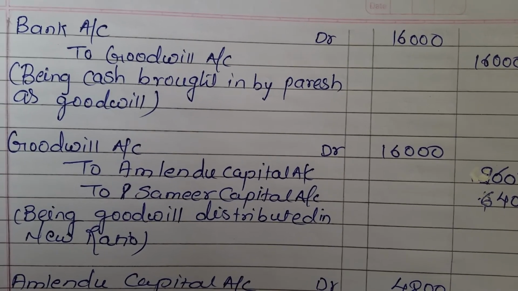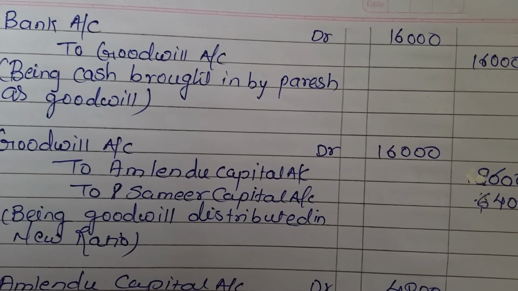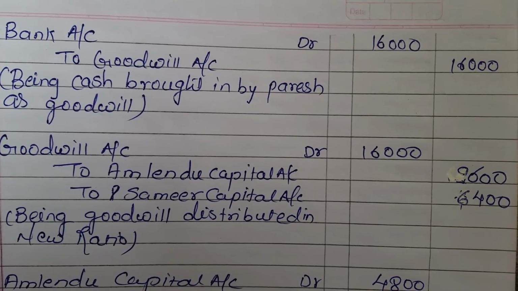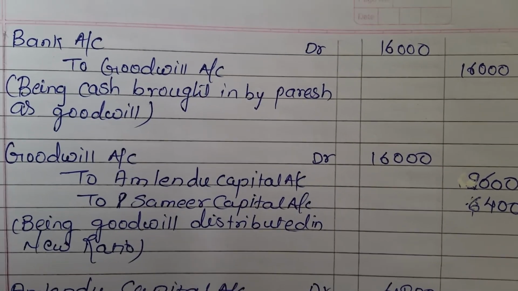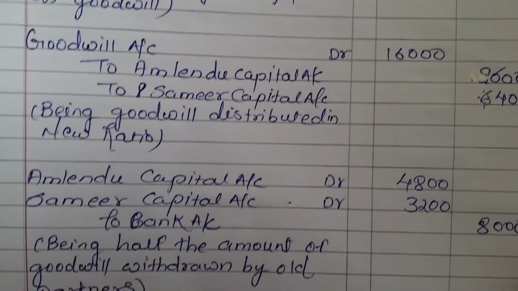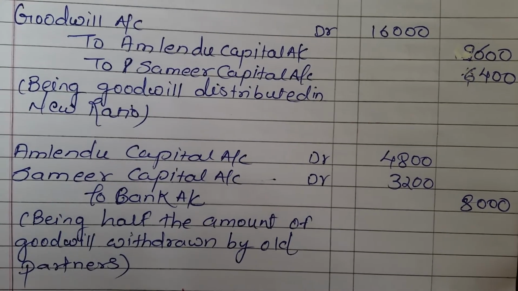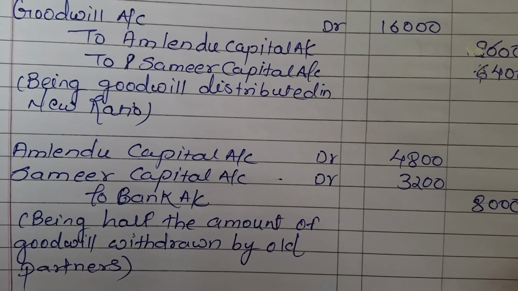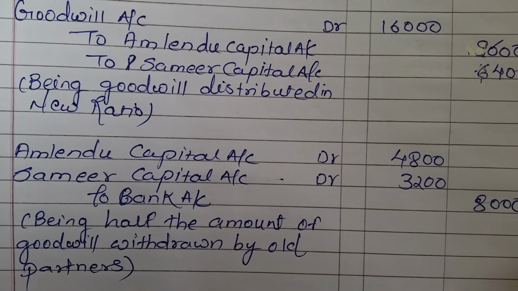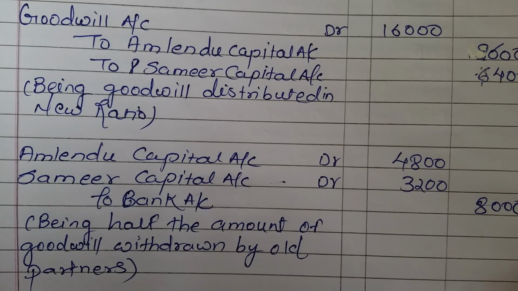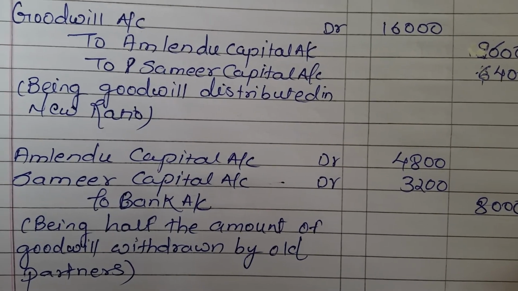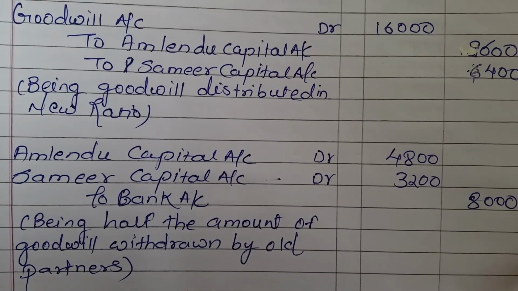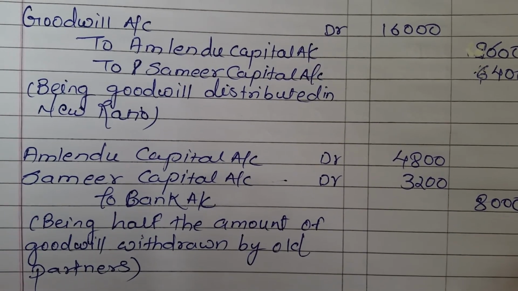Second, distributing the goodwill: Goodwill Account debit 16,000 to Almendo Capital Account, to Samir Capital Account, being goodwill distributed in the new ratio. Then the next entry is for withdrawing the goodwill 50%. Of the total goodwill of 16,000, 50% means 8,000 is withdrawn by the old partners: Almendo Capital Account debit 4,800, Samir Capital Account debit 3,200 to Bank Account 8,000, being half the amount of goodwill withdrawn by the old partners.